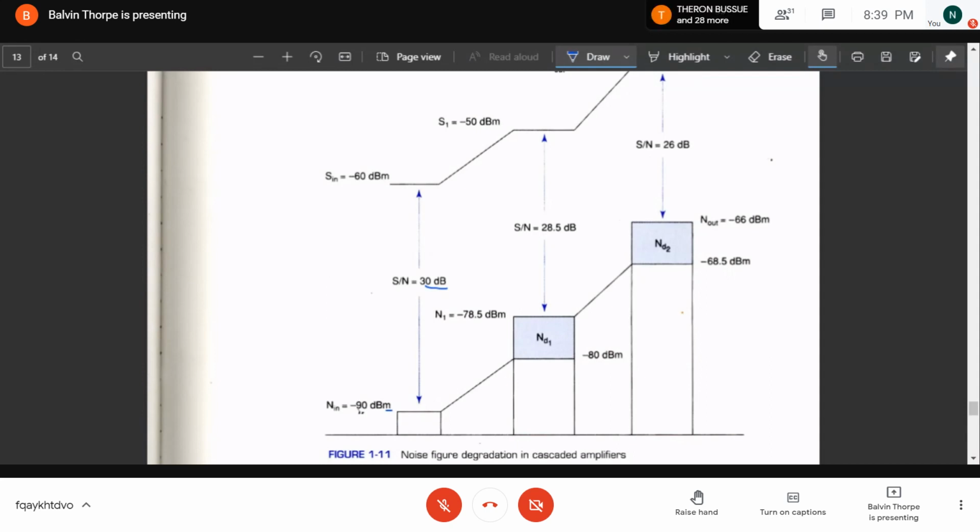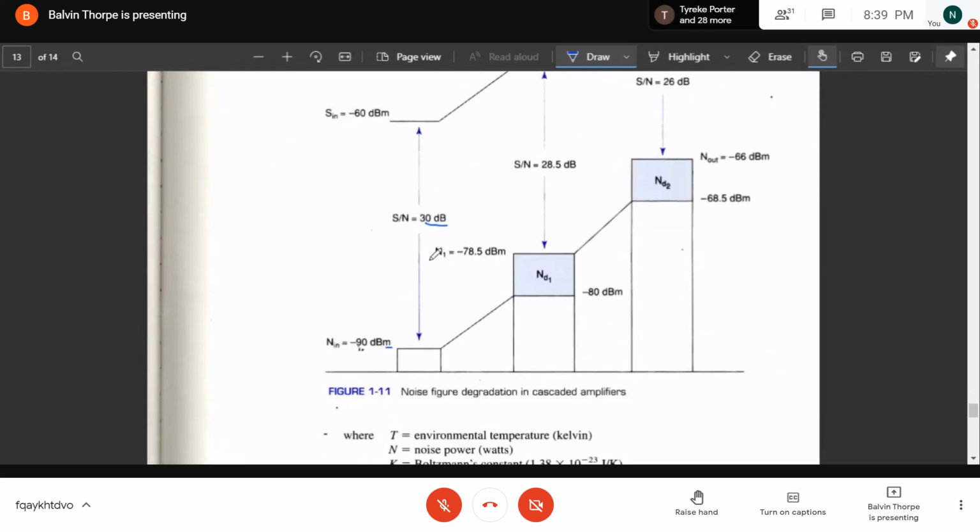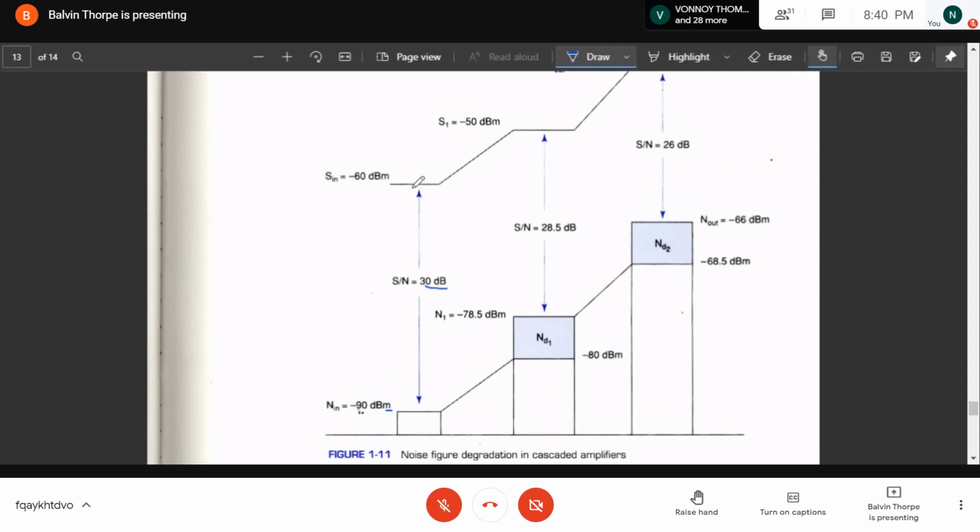Based on the gain of amplifier number 1, the gain is 10 dB. So if we add 10 dB to both the signal and the noise, adding 10 dB to minus 60 dBm would take it to minus 50 dBm. That's for the signal part. How about the noise?